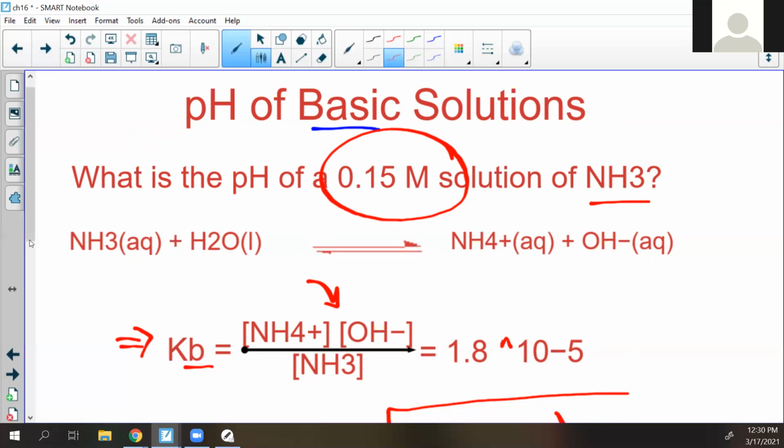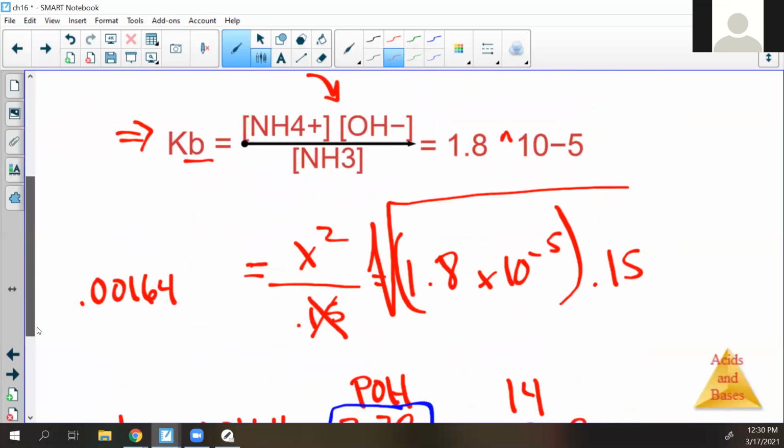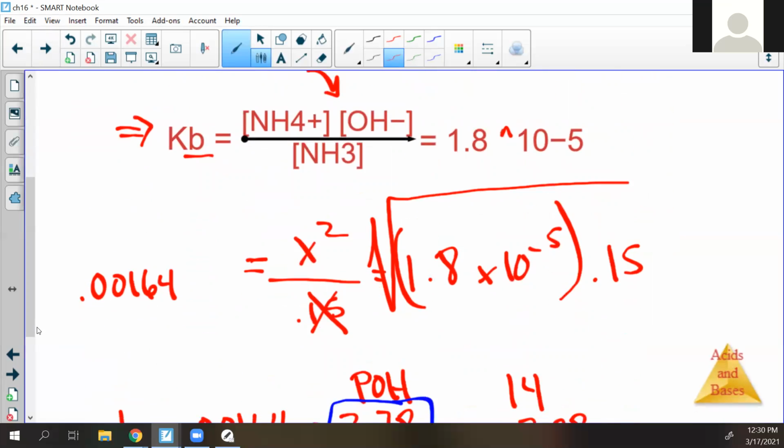The KB value is this number, so that'd be a given. So now we have x squared over 0.15 equals that answer.